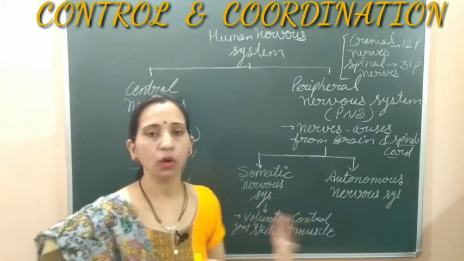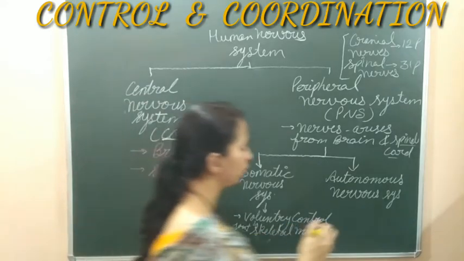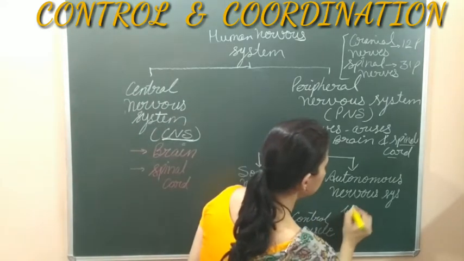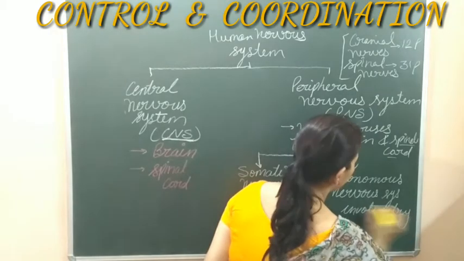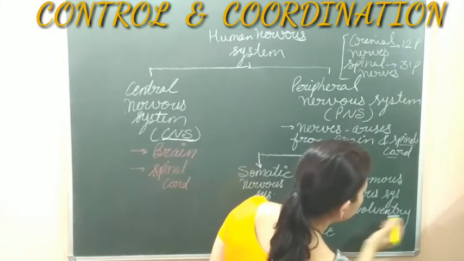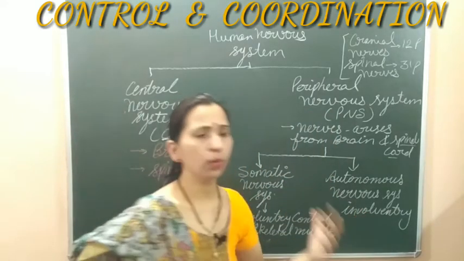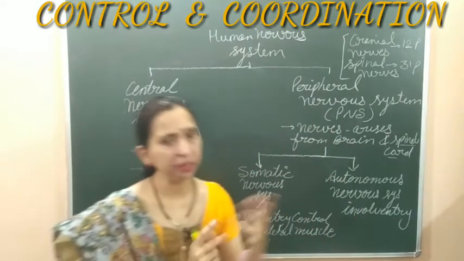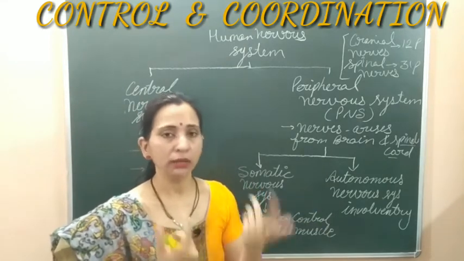This system is self-governing, or we can say it is the involuntary control. It controls involuntary activities of our body, like breathing, respiration, sweating and digestion.